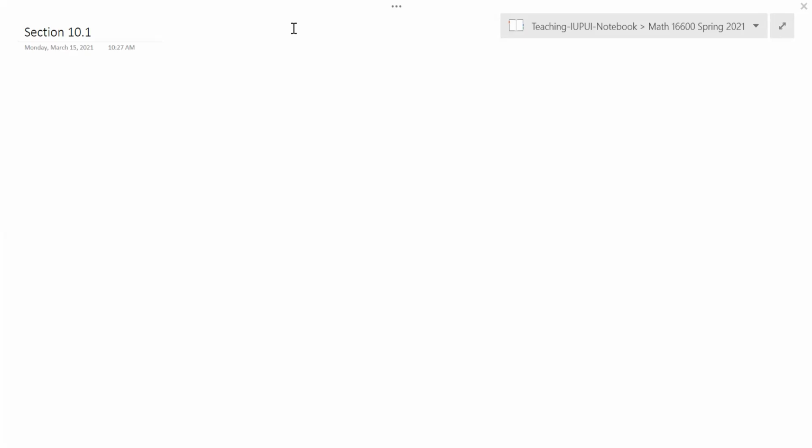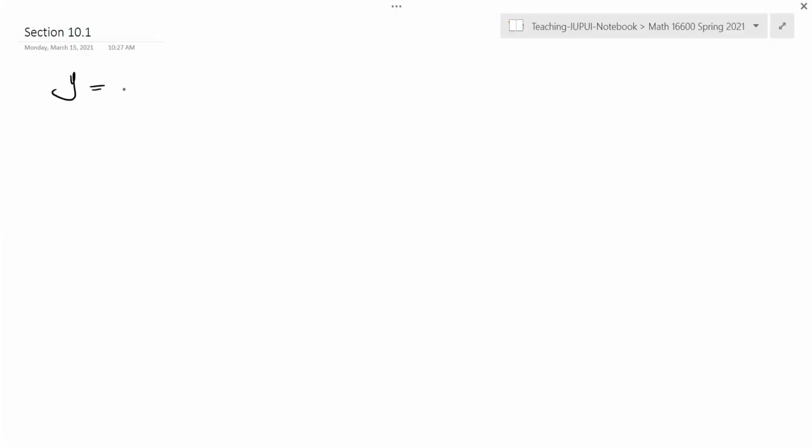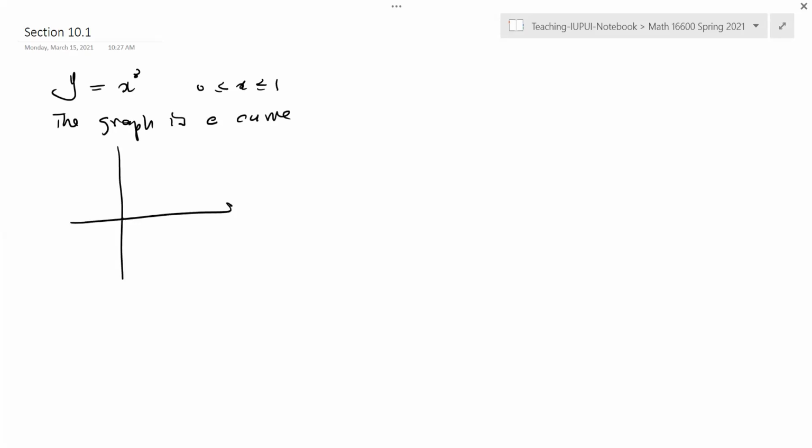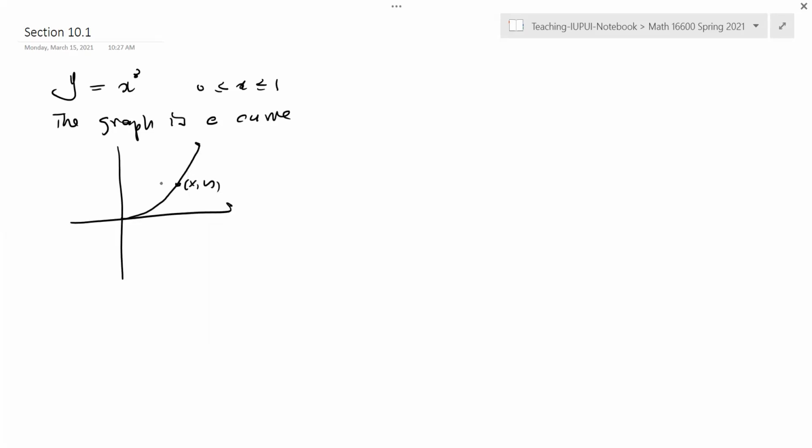All right, so for the first example, let's take a look at the graph of y equals x cubed, with x between 0 and 1. The graph is a curve. It is determined by all the points with coordinates x and y, where y is x cubed.